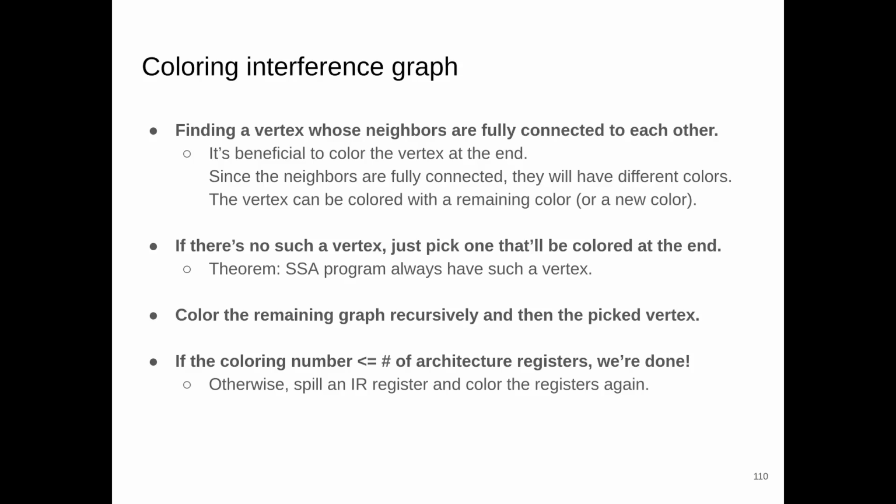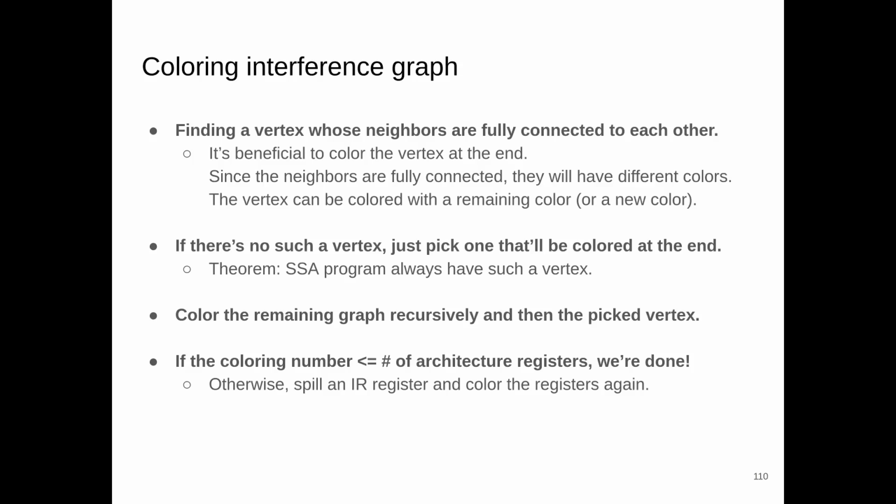And the question here is, how to give them colors so that we can use as few colors as possible. Every vertex has to be colored, and every adjacent pair of vertices should be colored with different colors. How do we color all of those vertices with as few colors as possible?